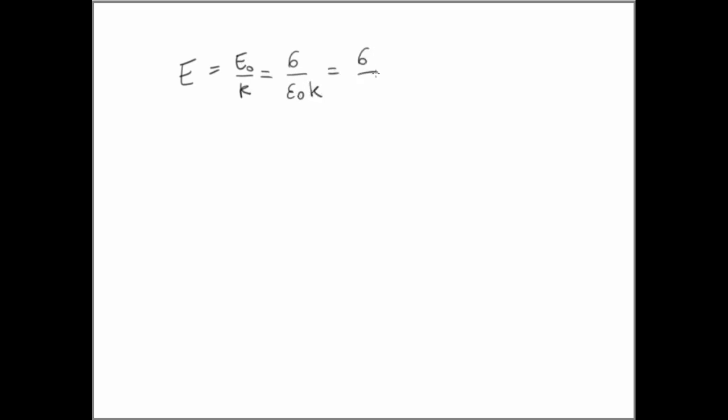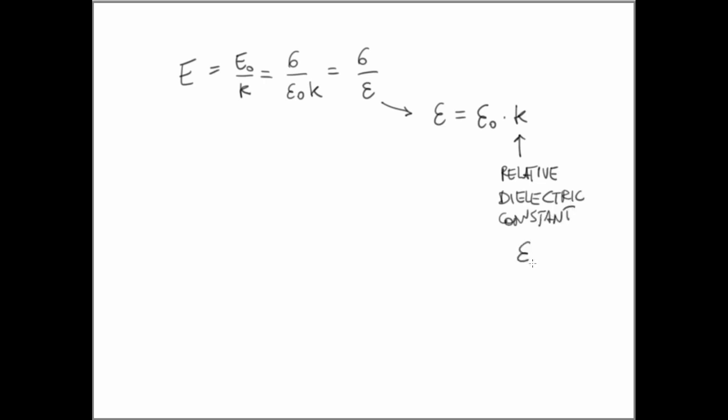So we can write the new electric field as sigma over epsilon, where epsilon is the dielectric constant of the material, which is the dielectric constant of vacuum times K, this constant that we introduced previously, which we will call the relative dielectric constant, which is also sometimes indicated as epsilon r.